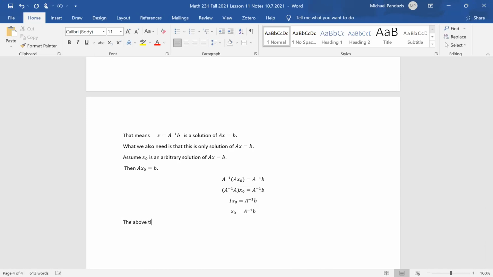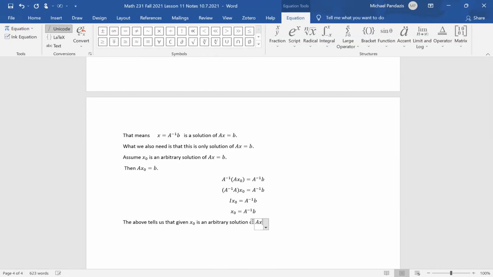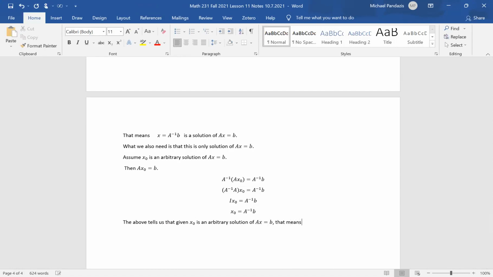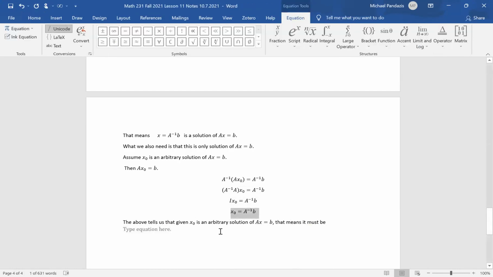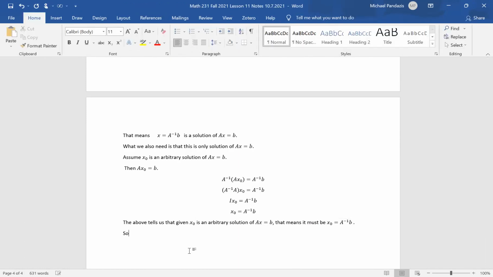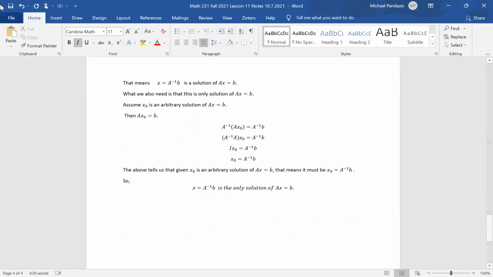So the above tells us that given X naught is an arbitrary solution of AX equals B, it must be X naught equals A inverse B. So X equals A inverse B is the only solution of AX equals B. Make sense?